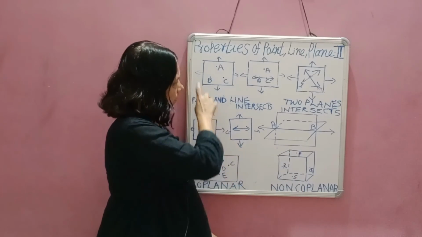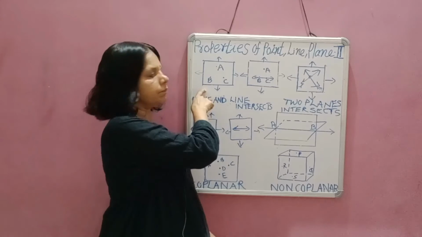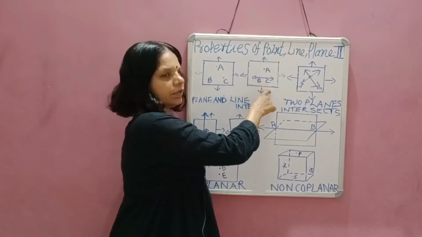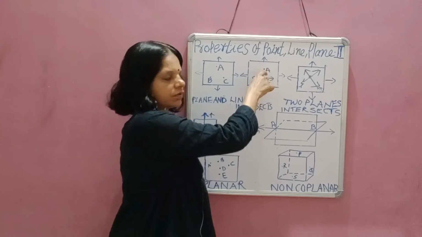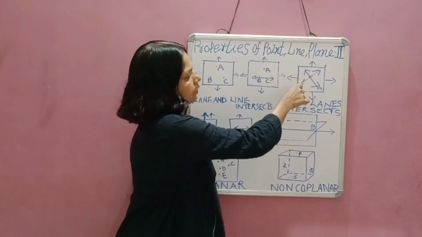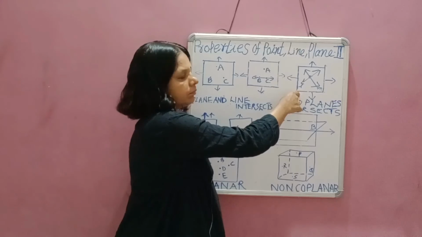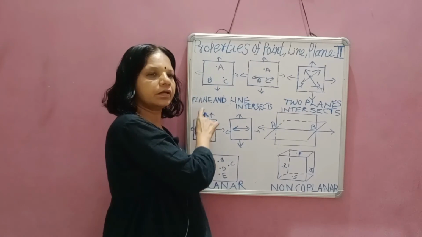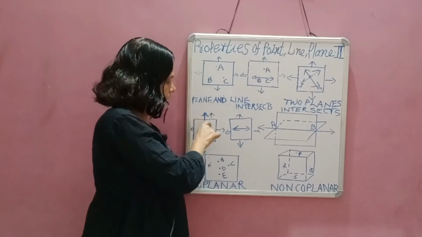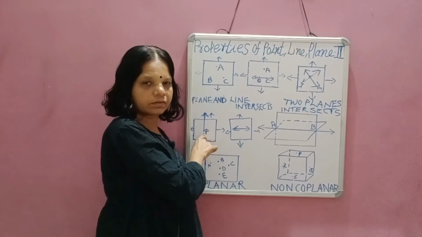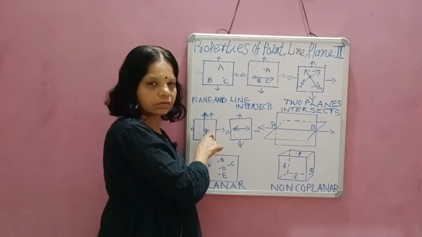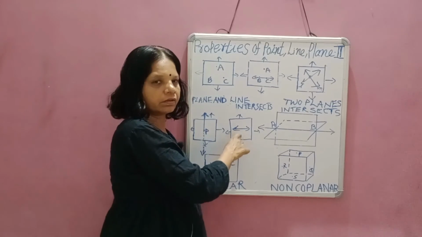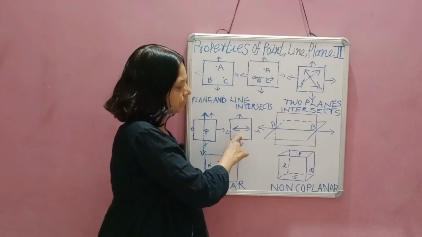Now, understood? 3 non-collinear points determine a single plane. A line and a point outside it determine a single plane. 2 intersecting lines determine a single plane. The intersection of a line and a plane is a point when the line is not in the plane; when the line is in the plane, then the intersection is the line itself.